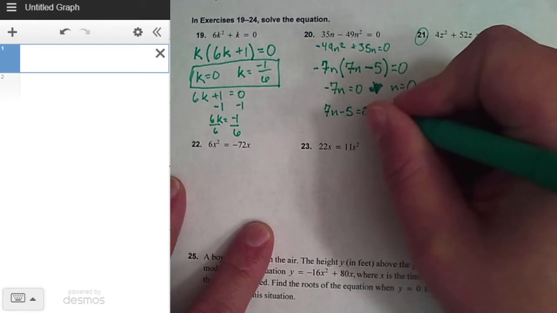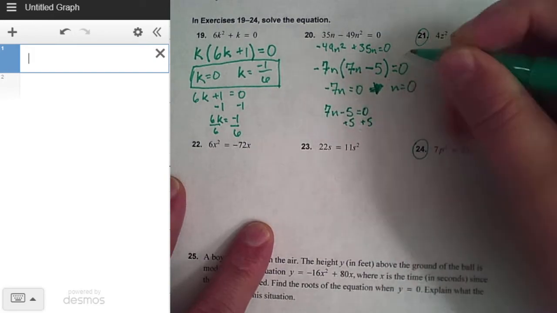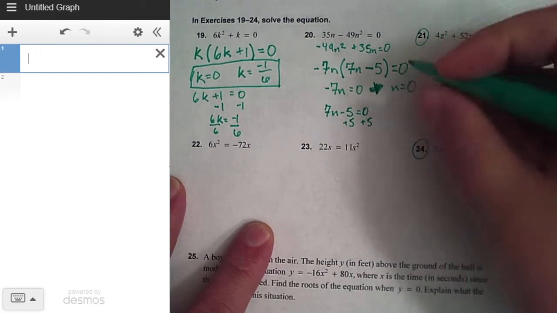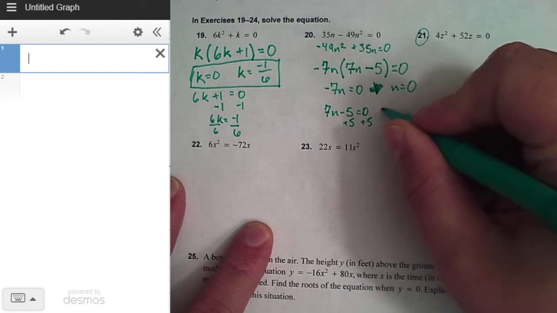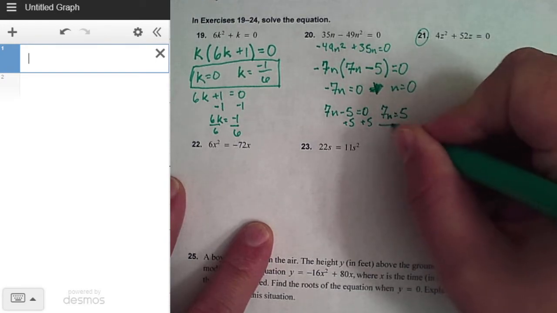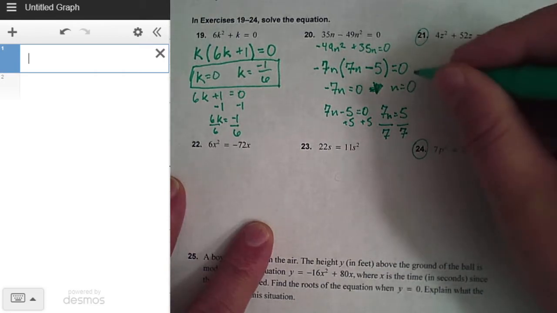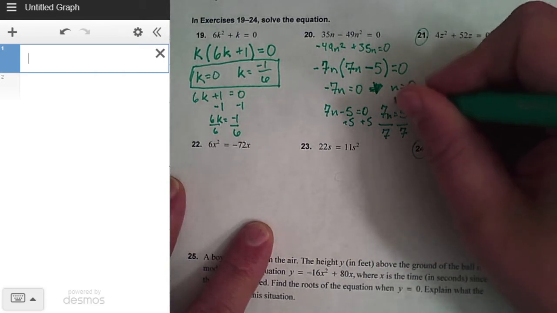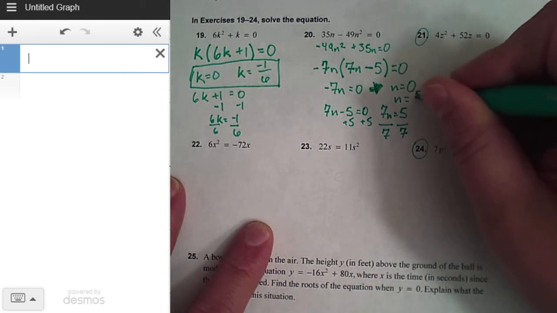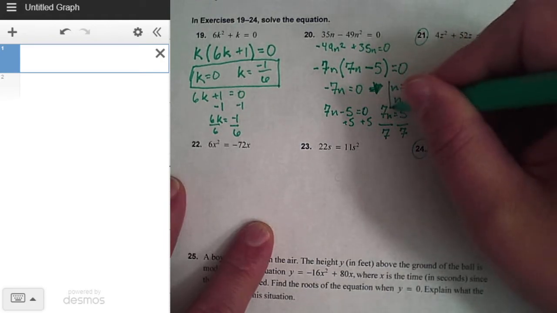Using our inverse operations, we start by adding 5 to both sides, so we get 7n is equal to 5. Divide both sides by 7, and now we have n is also equal to 5/7.